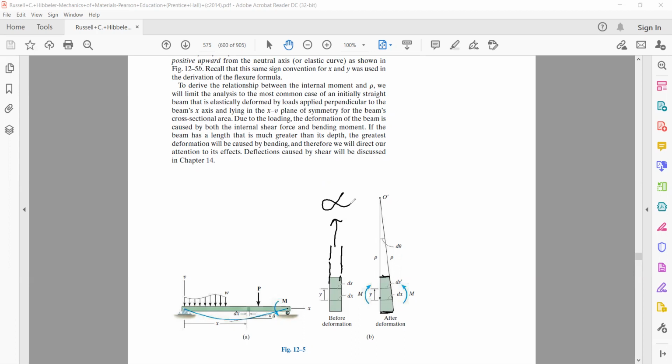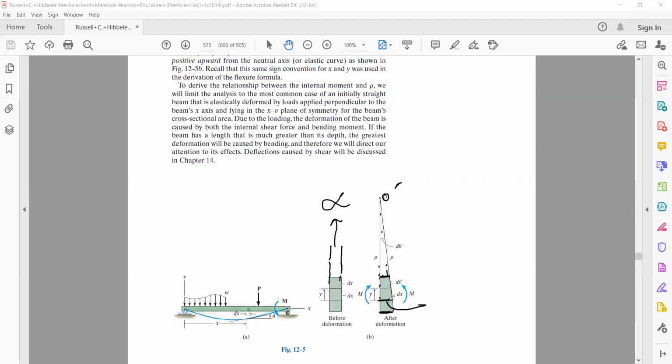They are asymptotes to one another. But once the deformation happens, the top portion undergoes compression and the lower portion undergoes tension. What happens now? If you produce this line, and if you produce this line, we assume that these two intersect at a point that is called O prime. And this is your neutral axis dx.